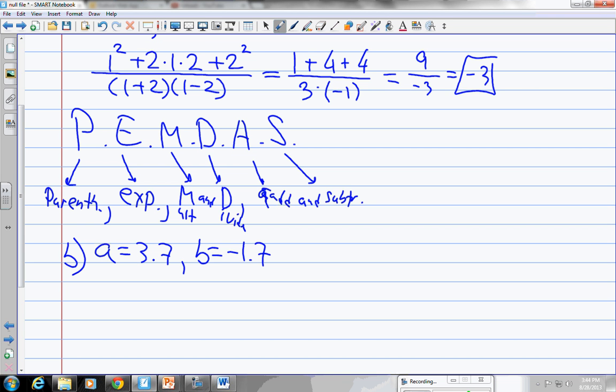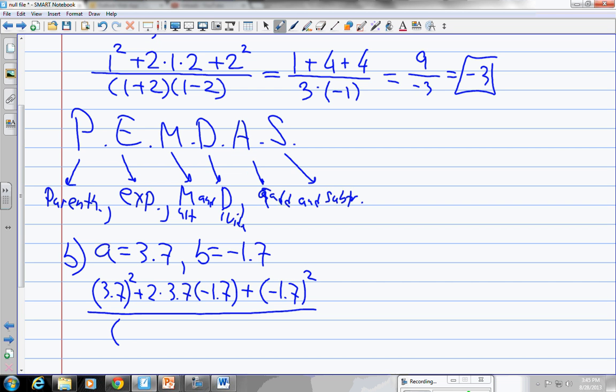But if I plug it back into my algebraic expression, it's 3.7 squared plus 2 times 3.7 times negative 1.7, 2ab, plus negative 1.7 squared. Please notice how I'm putting the parentheses around negative 1.7 because I want it to get squared entirely. All over 3.7 plus negative 1.7 and 3.7 minus negative 1.7.